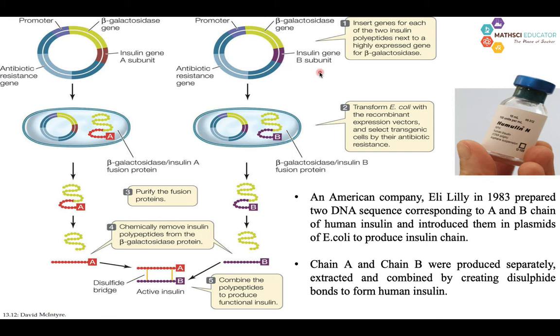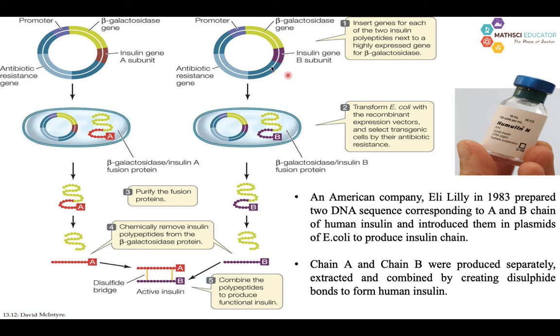What do they do? They first isolate the A subunit producing gene and the B subunit producing gene. Then they incorporate each of these A subunit and B subunit genes in an individual plasmid.